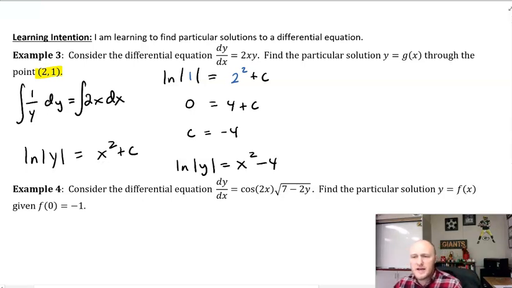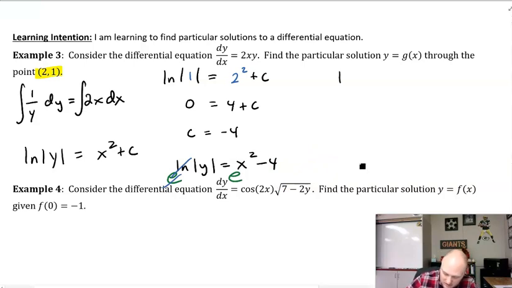Now I want to go ahead and solve for y. So I need to undo the natural log. I'm going to remove my natural log by raising each side to the exponential function. So e raised to the power of natural log of y, e to the power of x squared minus 4. Okay, so I'm going to do this, and we cancel out our e's and our natural log.